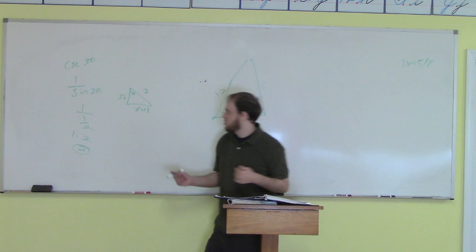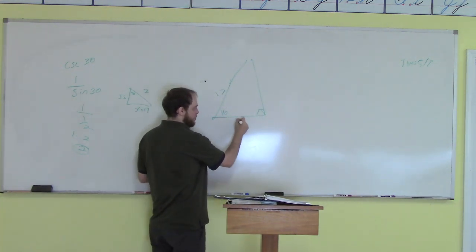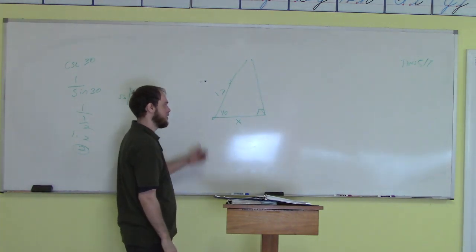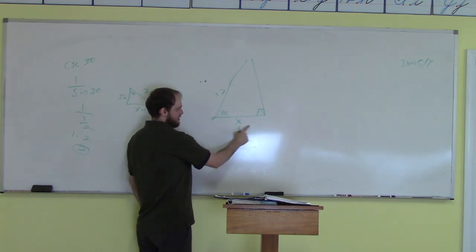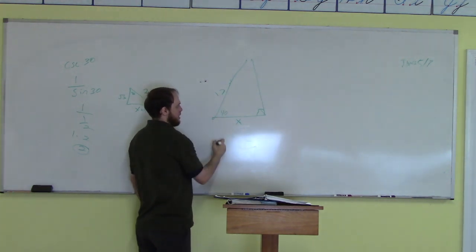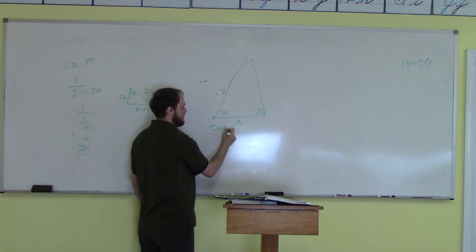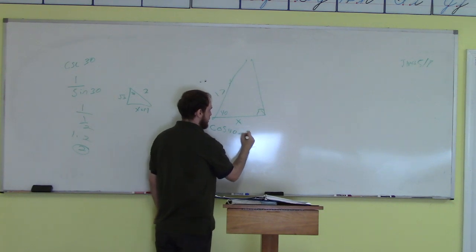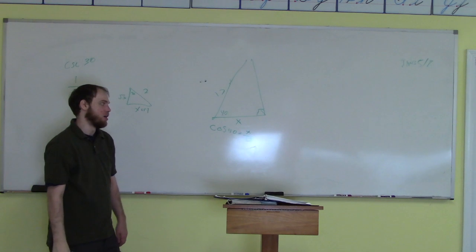If I'm looking for this side right here, what trig function would allow me to do that? This one would be adjacent over hypotenuse, which is cosine. So I would do cosine of 40 equals x over 17, and then solve for x.